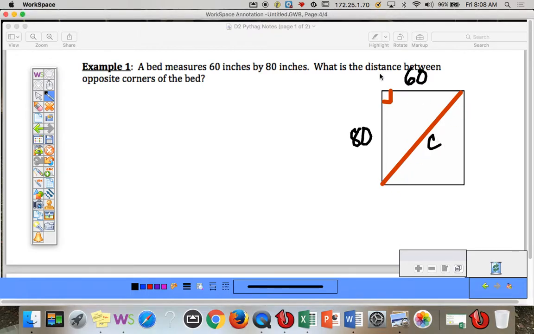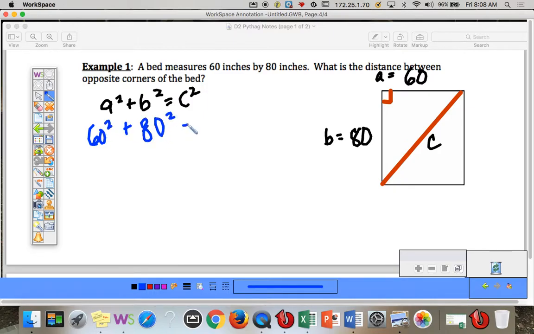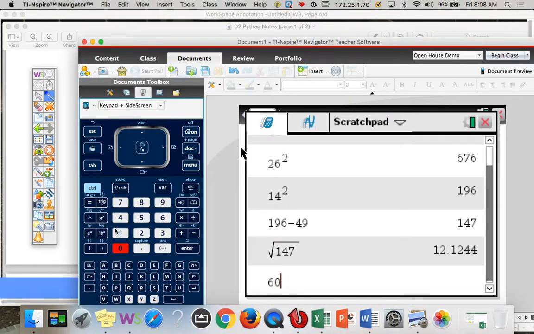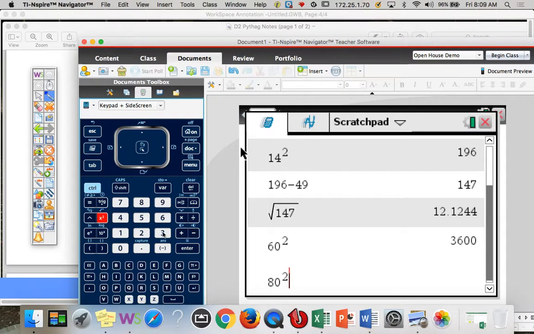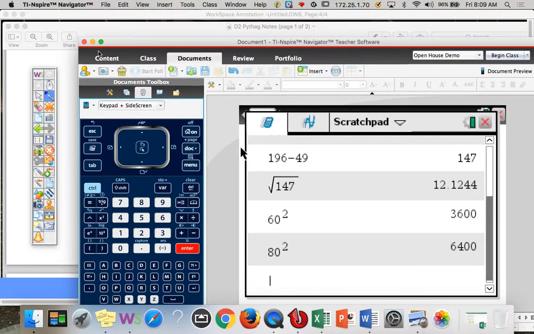We'll call it C. I'll say 60 is A, 80 is B. We have a squared plus b squared equals c squared. So let's plug in. We have 60 squared plus 80 squared equals c squared. All right, 60 squared is 3,600. 80 squared is 6,400.